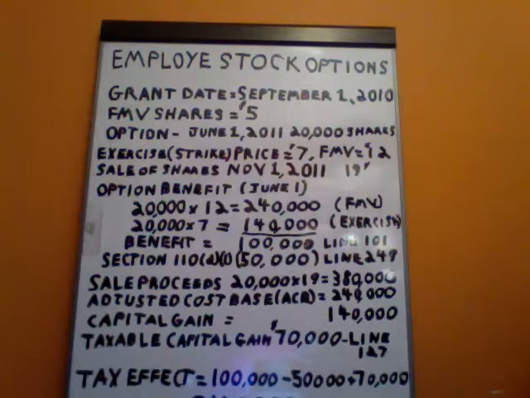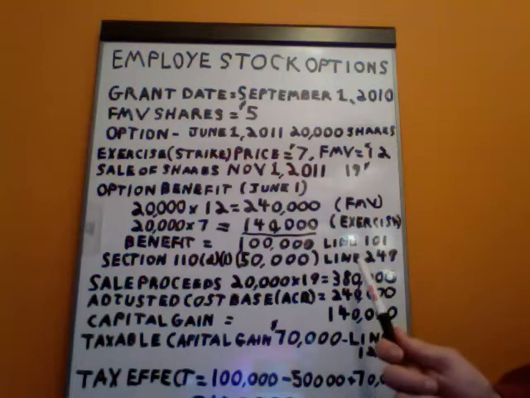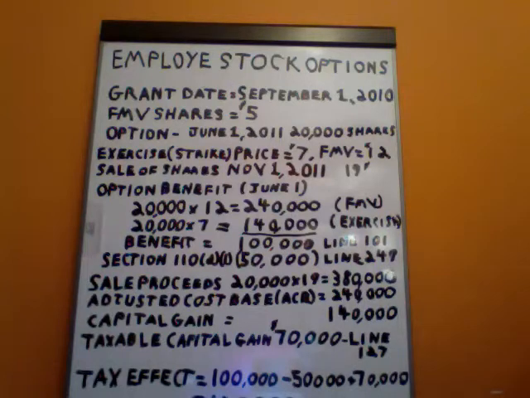Plus, he's also a Canadian resident dealing at arm's length. So he's definitely eligible for that section 110 deduction. That would be reported on line 249 of his income tax return. Basically, it's a deduction from net income to arrive at taxable income.